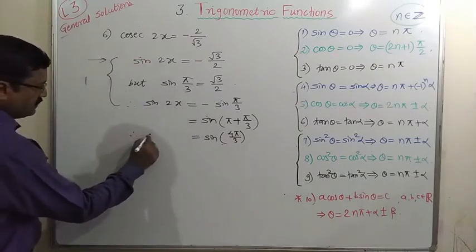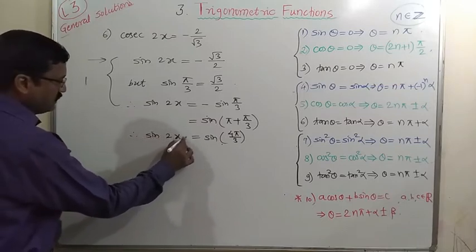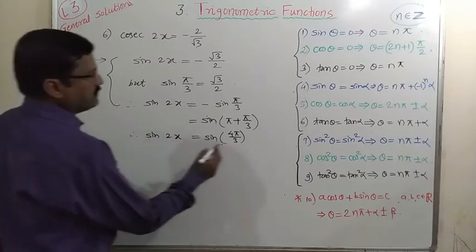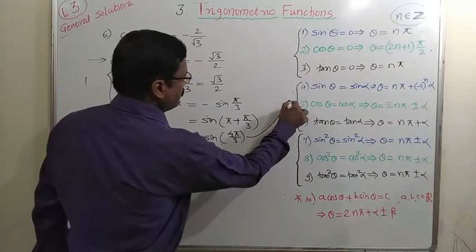Therefore, here we get sine of 2x equal to sine 4 pi by 3. Now it is similar to our formula number 4.